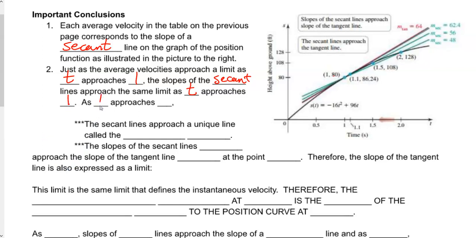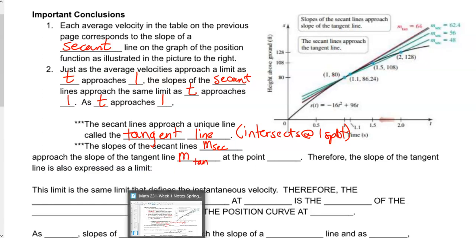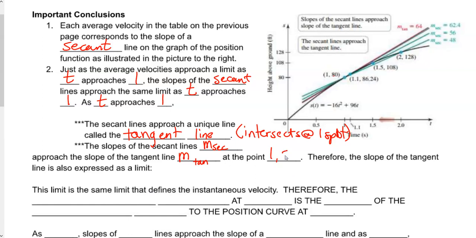And here's the biggie. As t approaches 1, the secant lines approach a unique line called the tangent line. The tangent line intersects only at one spot, one point. And the slopes of the secant lines, m sub sec, approach the slope of the tangent line, which we're going to represent by m sub tan, at the point 1, s of 1.